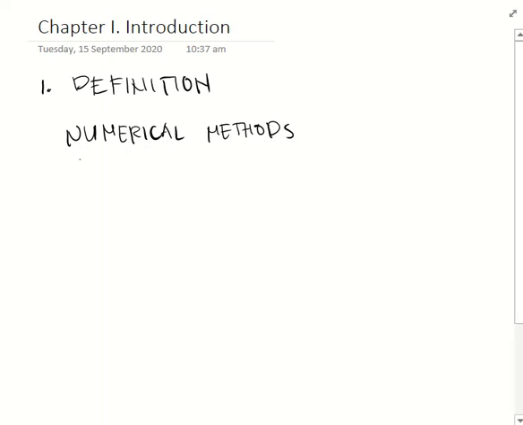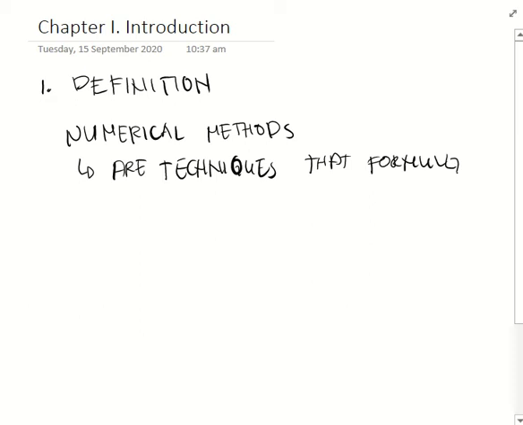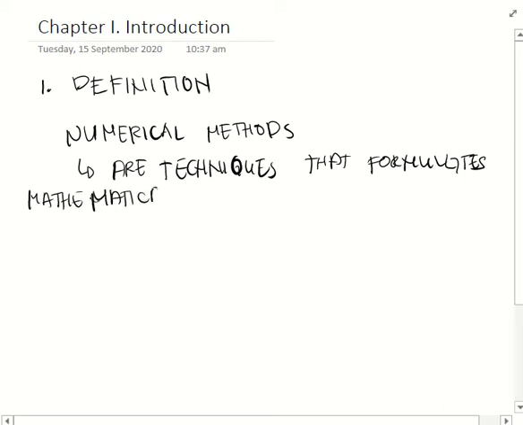So if we define numerical methods, these are methods or techniques that formulate mathematical problems, and we should be able to solve them arithmetically.